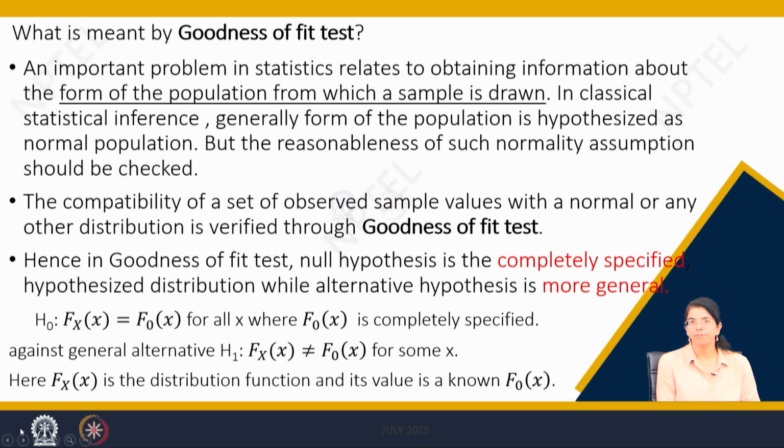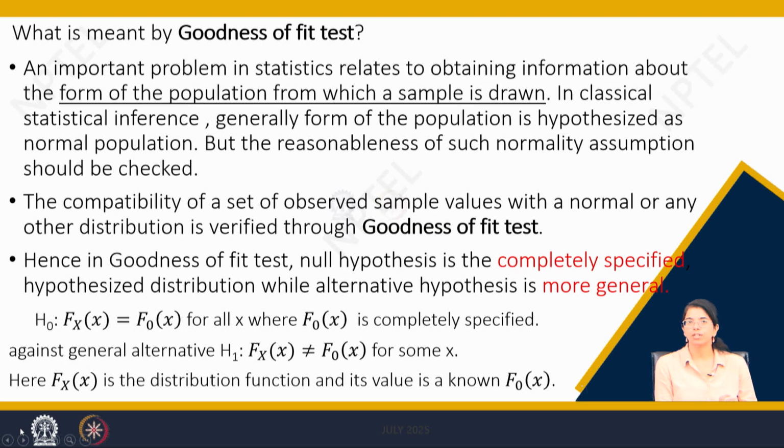Hence, in goodness of fit test, the null hypothesis is the completely specified hypothesized distribution, while the alternative hypothesis is more general. So, in mathematical structure, how to write the null hypothesis?